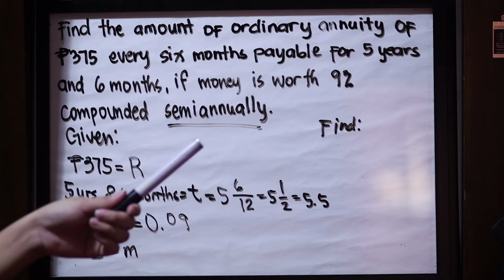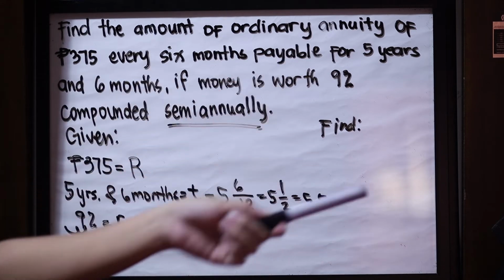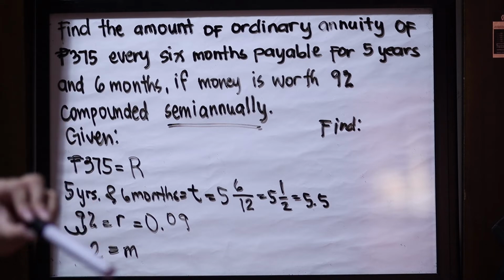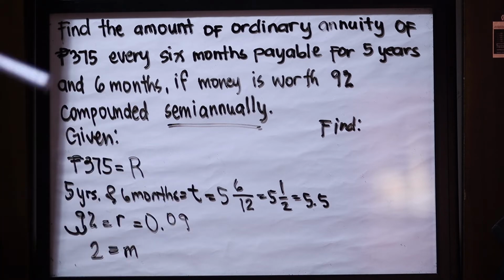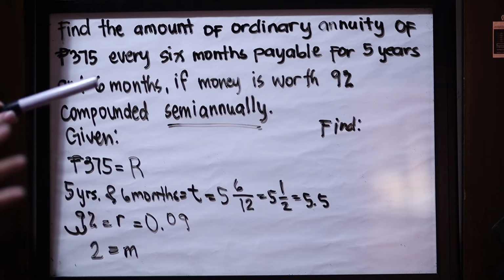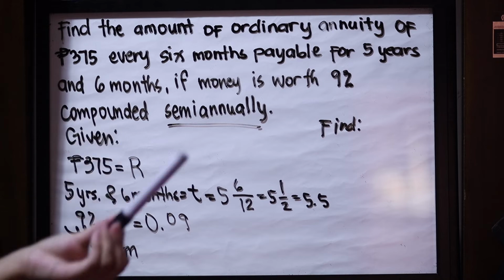And then, for the find naman, ang hahanapin, ang sabi, find the amount of ordinary annuity. So, dahil ang hinahanap ay yung amount ng ordinary annuity, ibig sabihin nun, meron na siyang kasamang interest, kumbaga lumipas na yung time na 5 years and 6 months. Kasi nga, nalagyan na siya ng interest eh.